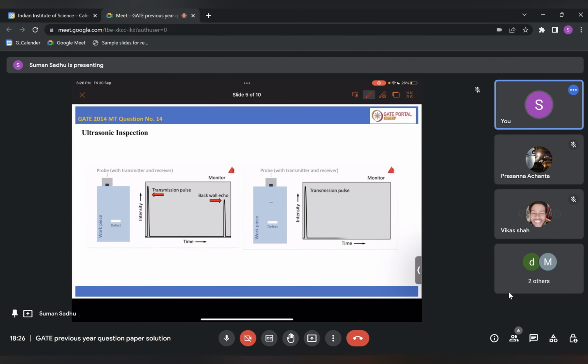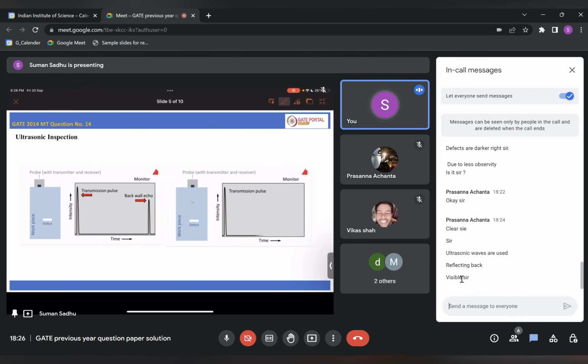Okay, so let me explain. In this case, there is one probe which is connected with a transmitter and a receiver. So it transmits a sound wave and it also receives that reflected sound wave. Now when there is no crack in your sample, let's say this is your sample and this is the transmitter, you are sending a sound wave.